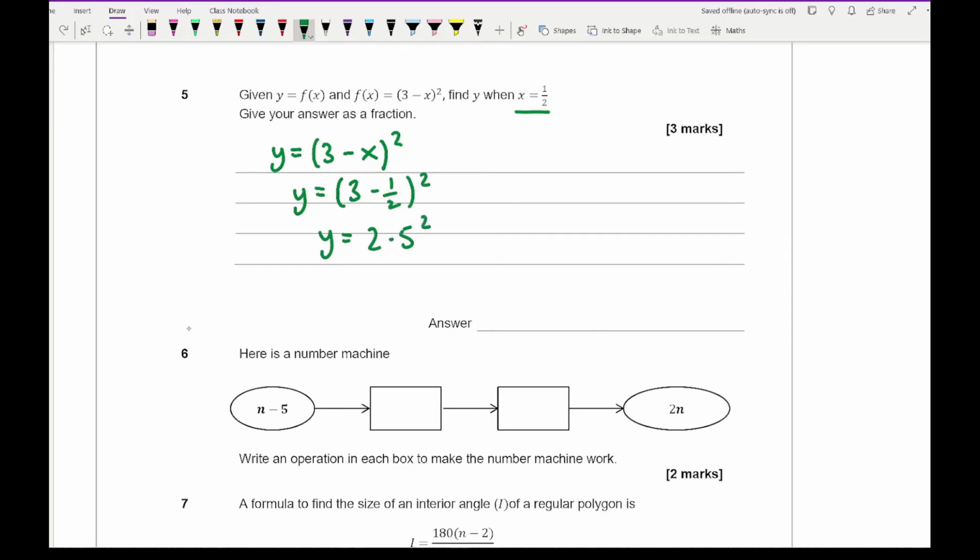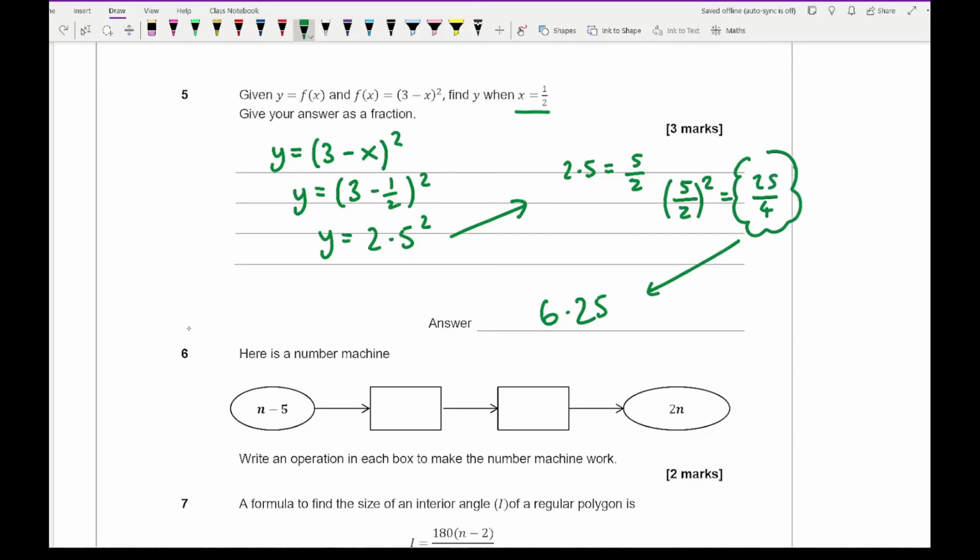And if I reach for my calculator, 2.5 times 2.5 gives me an answer of 6.25. Now, if this was on a non-calculator paper, then I should be able to recognize that 2.5 is 5 over 2, and 5 over 2 squared is 25 over 4, which is the same answer. So any of those in fraction form or decimal form would be absolutely fine.